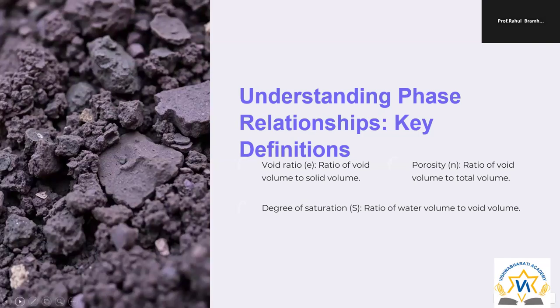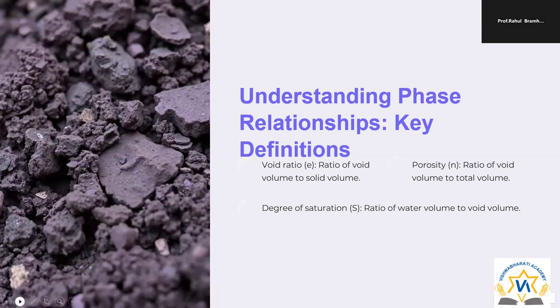The ratio of water volume to the volume of void is called the degree of saturation. These are some index properties found from the three-phase diagram, and with their help we find the grain size distribution and the different limits.